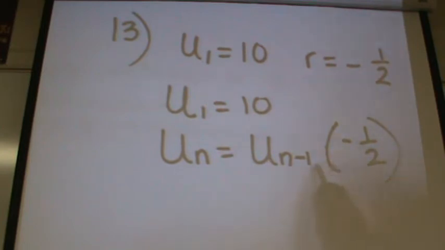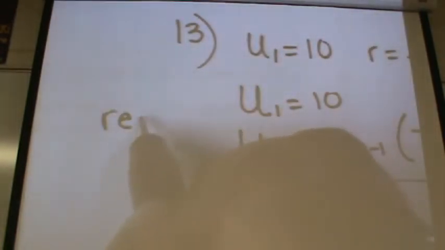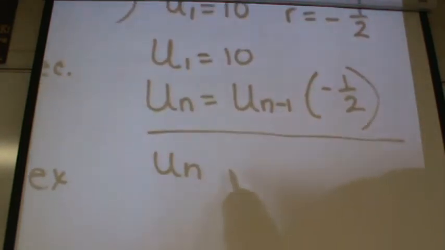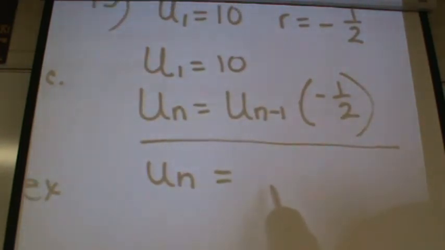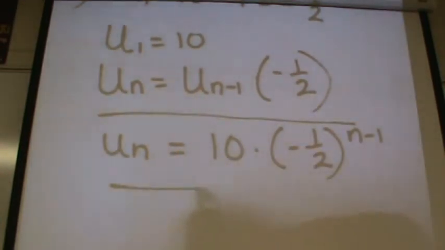Now you need to put this in parentheses, otherwise it's going to look like subtracting half. So this is the recursive, and the explicit would be u sub n is equal to the first term times the r value to the n minus 1 power.